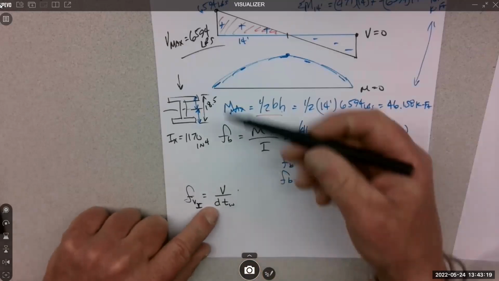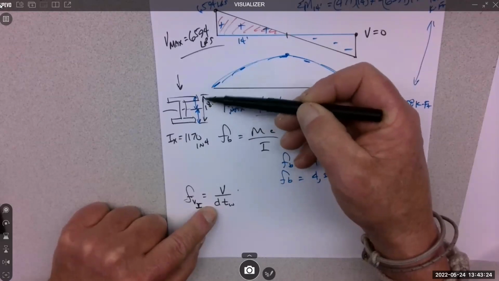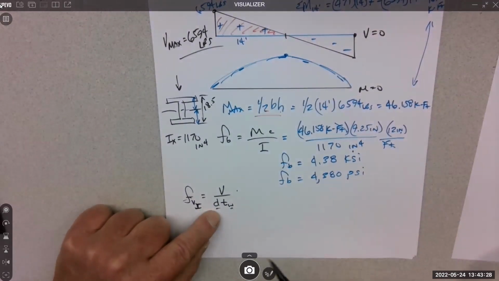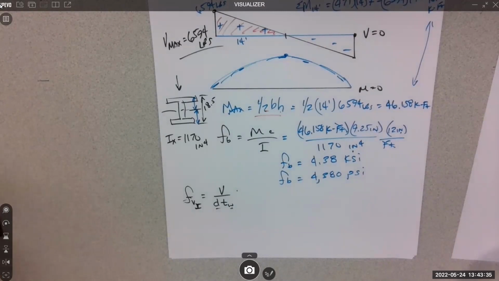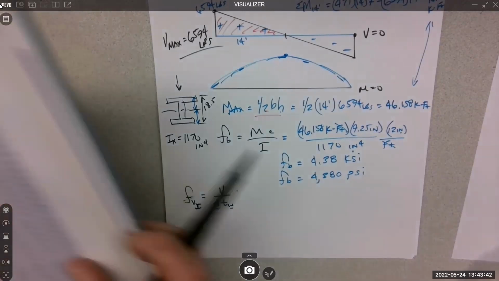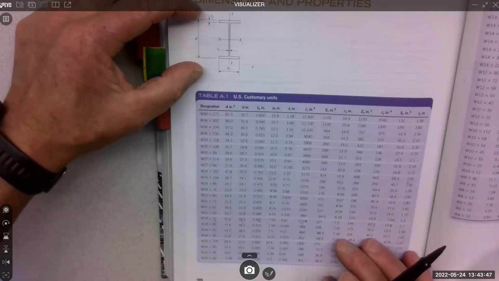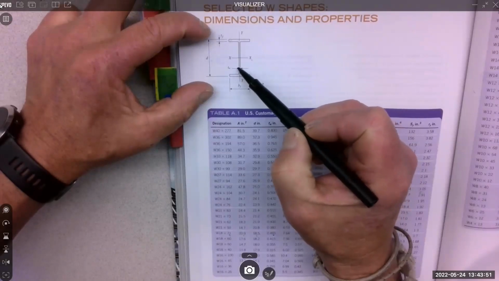The D is from the back of the book, and it's the depth of the beam, 18.5. Both of these we just get out of the back of the book from the little diagram on the W shapes. And then I'll explain how we get away with this shortcut. D, right? And TW is the thickness of the web.